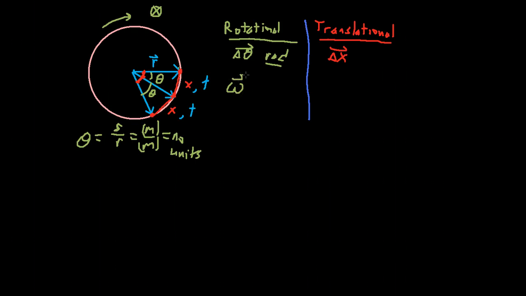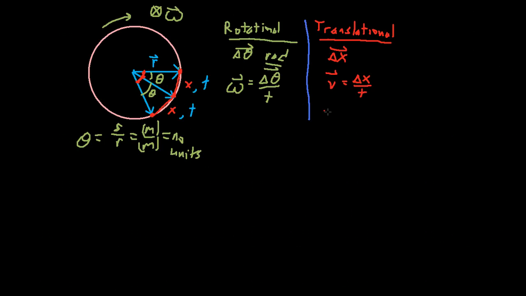So omega is equal to the change in the angular position divided by time, just as the change in linear position divided by time is equal to the linear velocity. So angular velocity, omega, is equal to delta theta over t, and that's in radians per second. And as I said before, it is into the screen in this case.